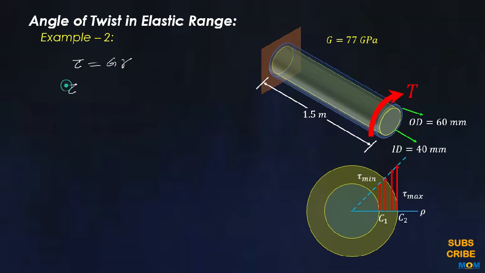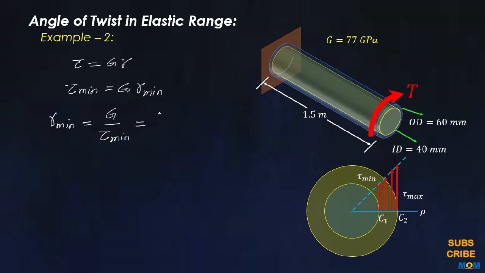So tau minimum is going to be G gamma minimum. So first we have to find the value of minimum shear strain that is going to be on inner surface of the shaft. So gamma minimum is equal to tau minimum upon G.